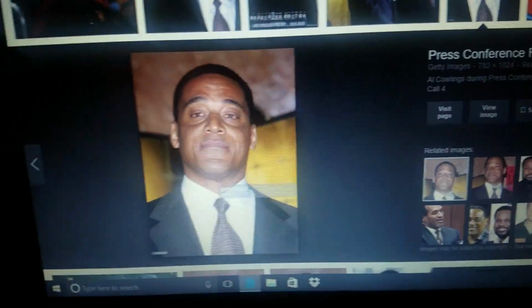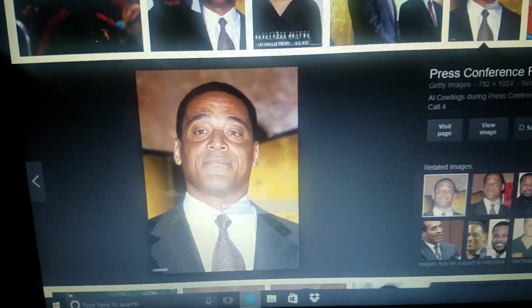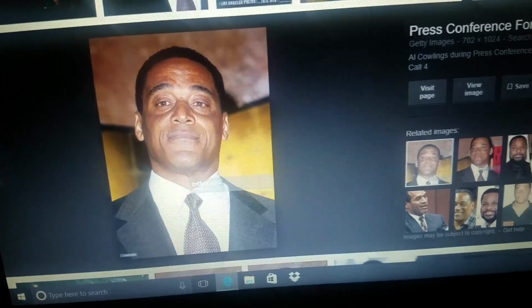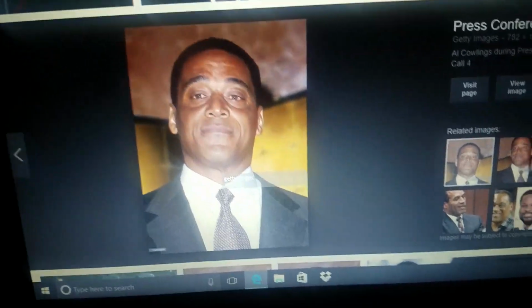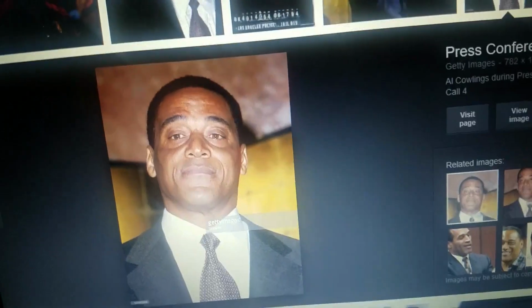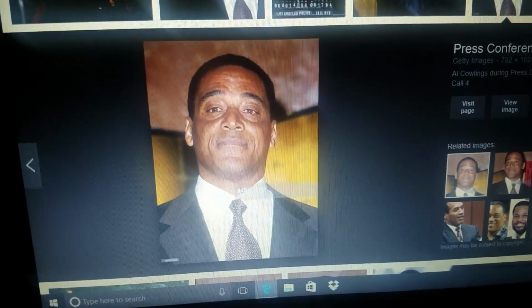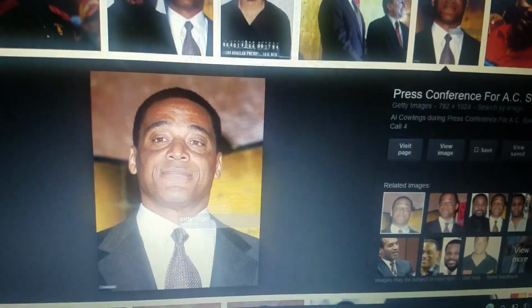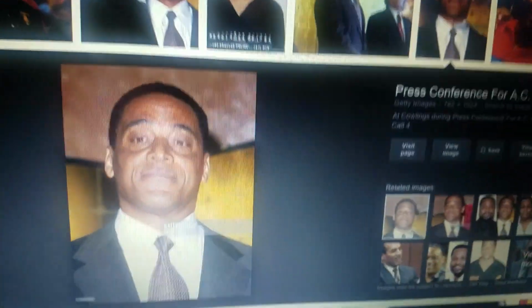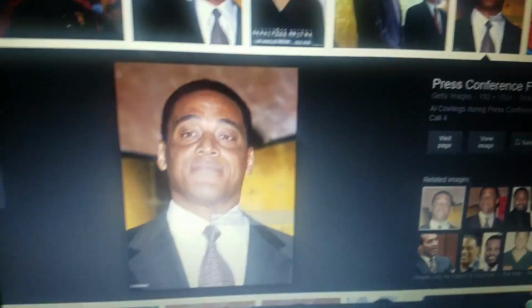Ladies and gentlemen, Al Cowlings was also in the white Bronco with O.J. Simpson during the police chase. Al Cowlings is O.J. Simpson's MK Ultra handler. That is why everything that O.J. Simpson did in his life, Al Cowlings did in his life. They both played for the same high school football team, college football team.